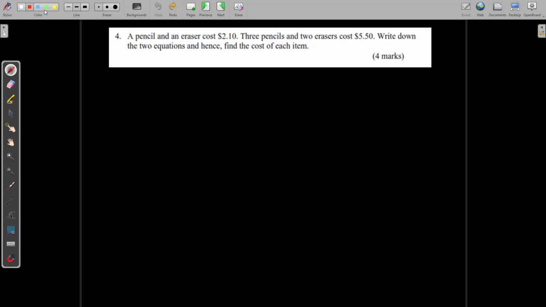So the first thing we need to do is to assign variables. So we could say let P represent one pencil, and then let E represent one eraser. So P represents pencil, E represents eraser. So now this is what we have.